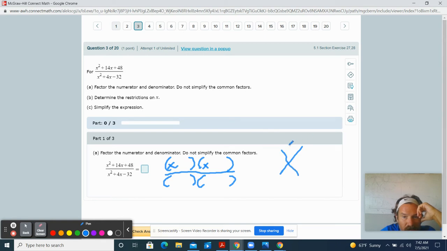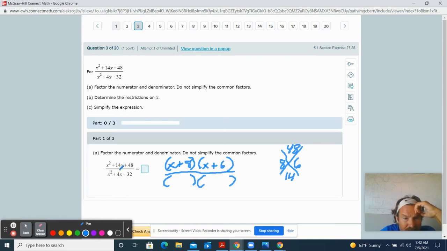I put 48 on the top, and it says 14 on the bottom. So numbers that multiply to get 48 and add to get 14. We have to know our times tables a little bit. I know my times tables. I know that 8 times 6 is equal to 48, and I know that 8 plus 6 is equal to 14. So it's going to be plus 8, plus 6.